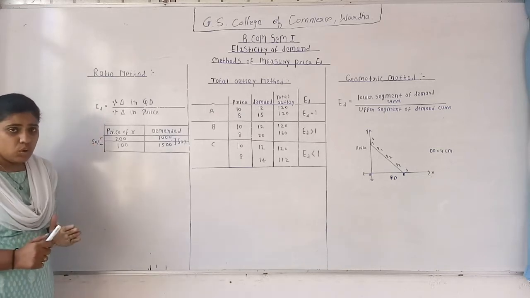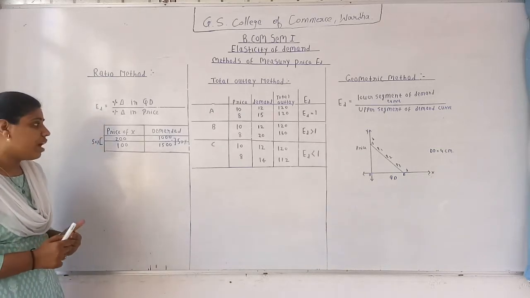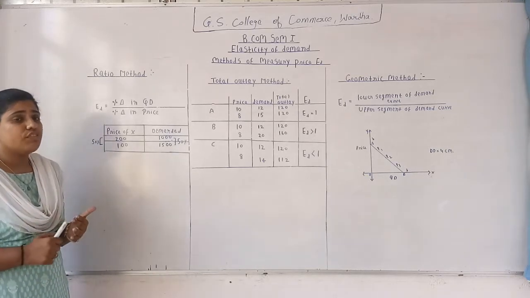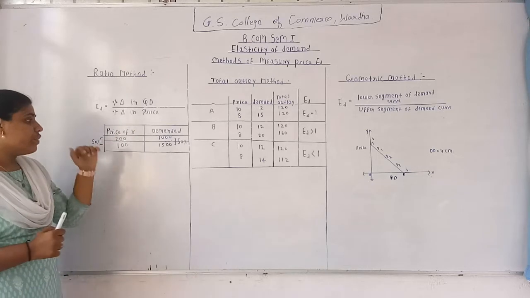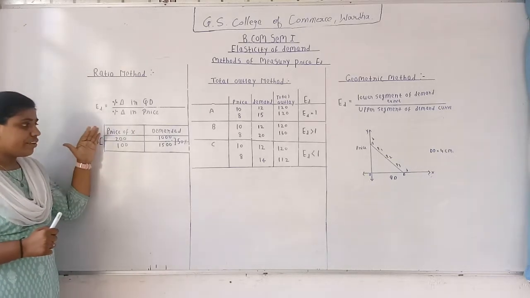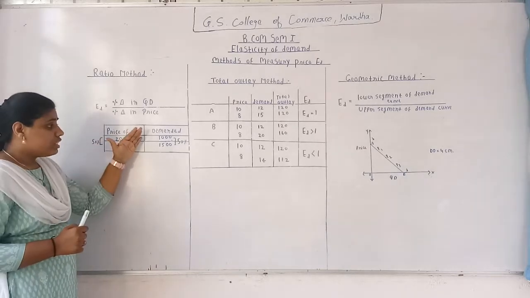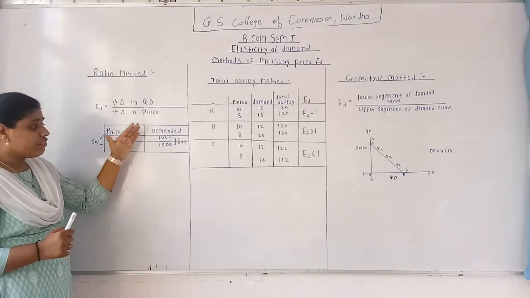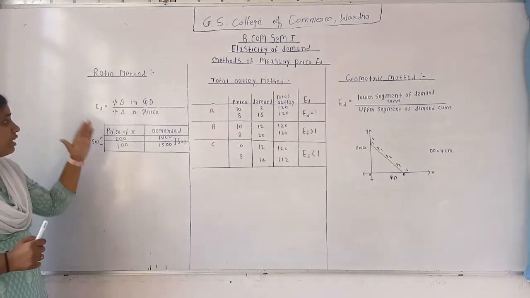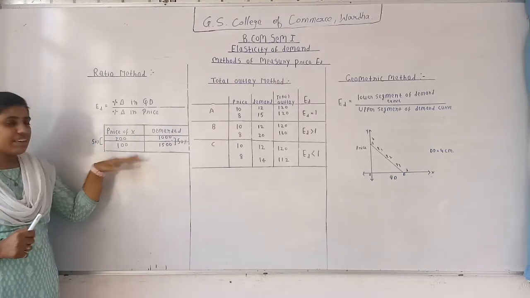As we have seen in the law of demand, when the price of a commodity declines, the quantity demanded of that commodity increases. So when the price declines from 200 to 100, the quantity demanded also increases from 1000 to 1500. Now we have to calculate the elasticity of demand from this given data.